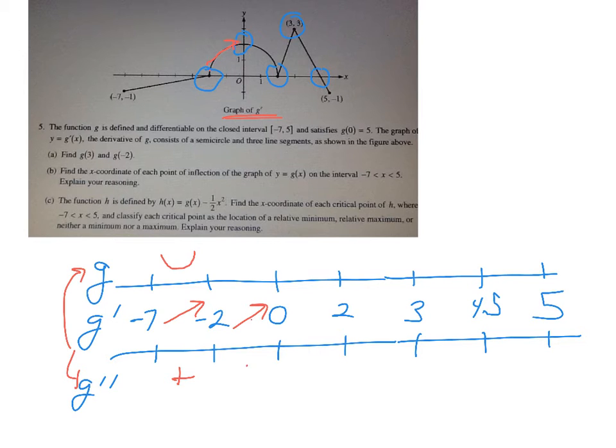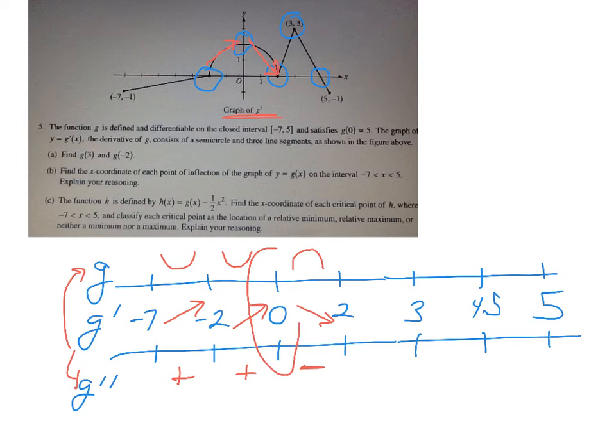So its derivative is positive. Going all the way back, g is still concave up. From 0 to 2 now, we're decreasing. That means its derivative, g double prime, would have to be negative. And if we go all the way back, g would be concave down.